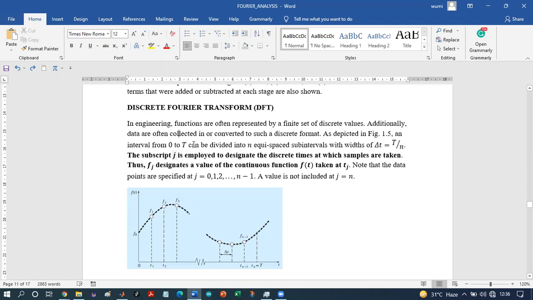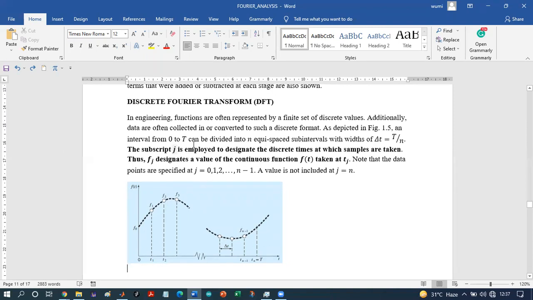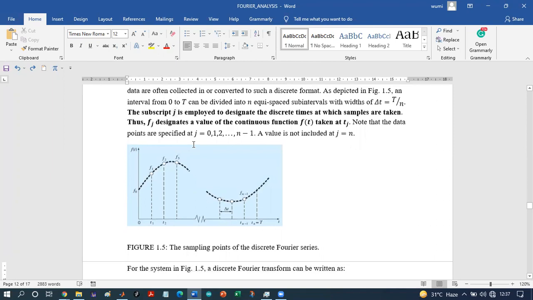So we are going to start the class with the discrete time Fourier transform. For the discrete time Fourier transform, we are trying to get the Fourier transform of a signal at discrete points in time, so at specific points in time.